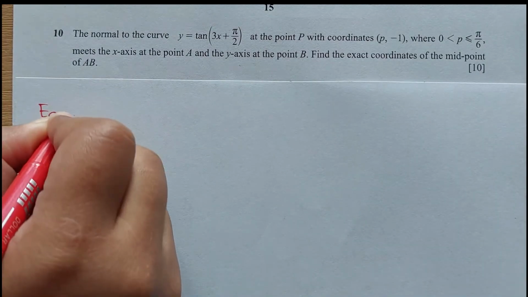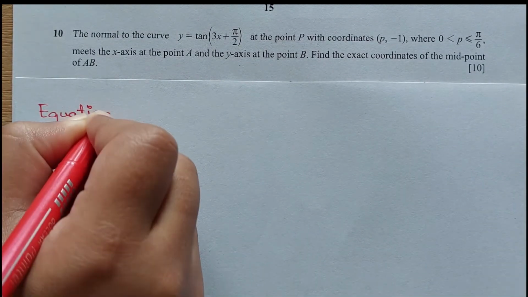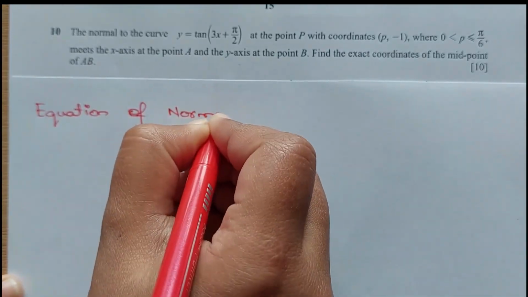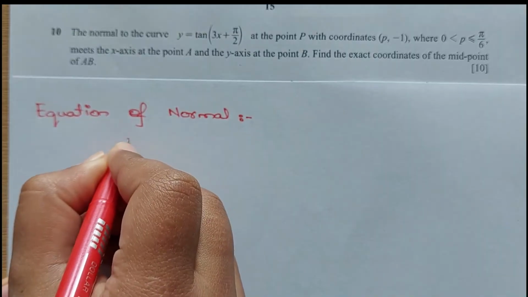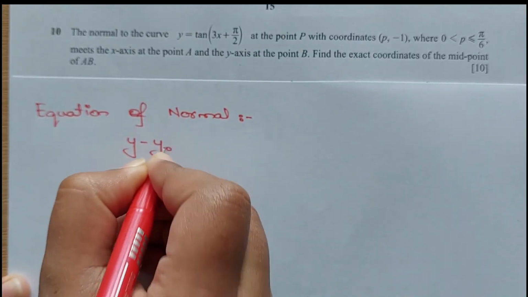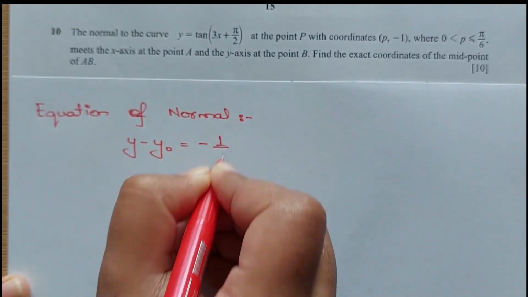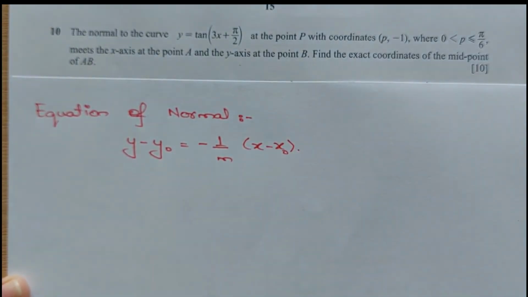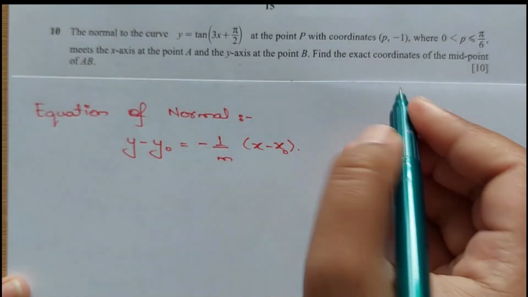Equation of normal is y minus y naught equals minus 1 by m into x minus x naught. Okay, now we have x naught and y naught.